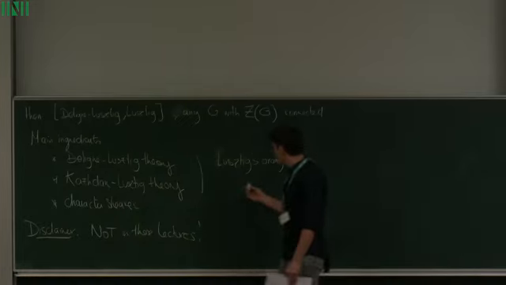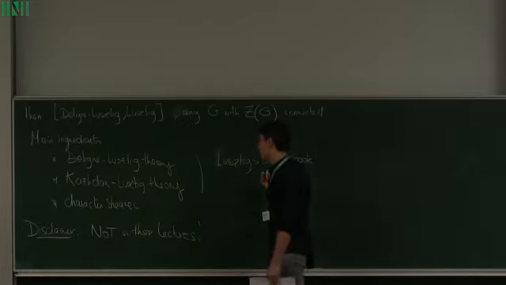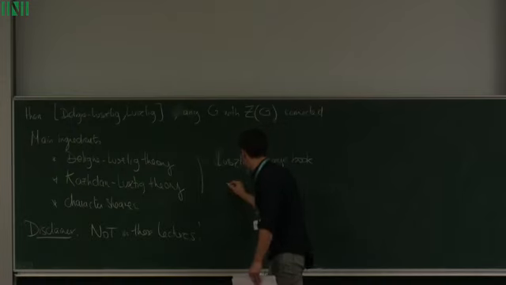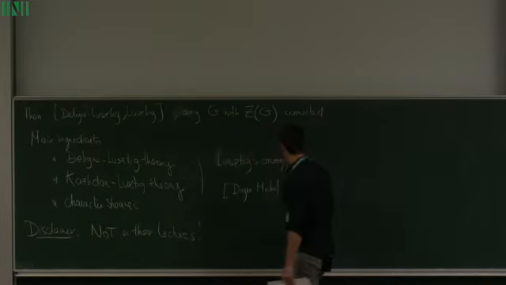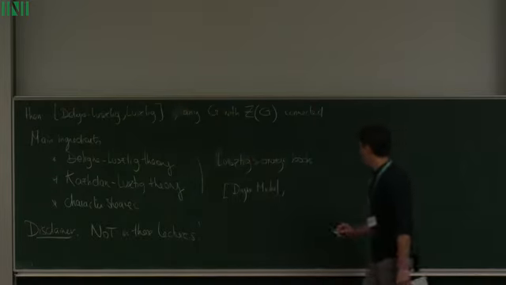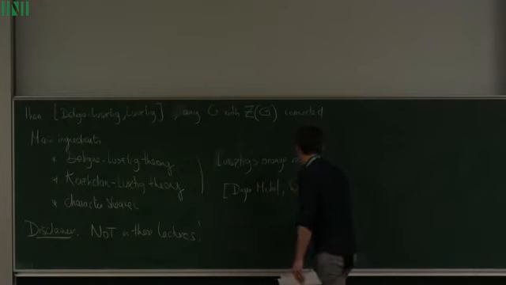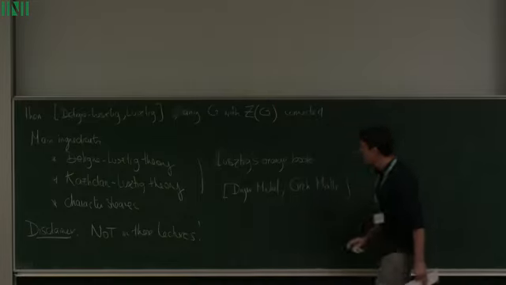Okay, but a second reference, or maybe two references, which are new, which I want to advertise. So there is a second edition of a book by Digne and Michel, and a book to appear by Geck and Malle.